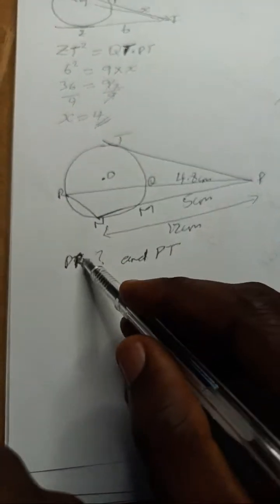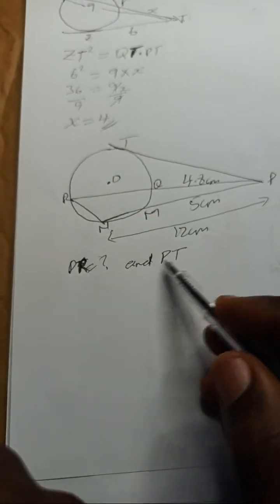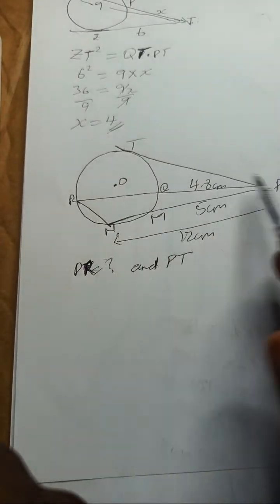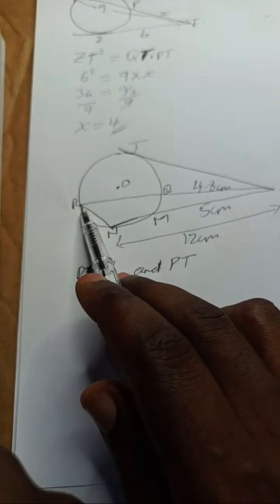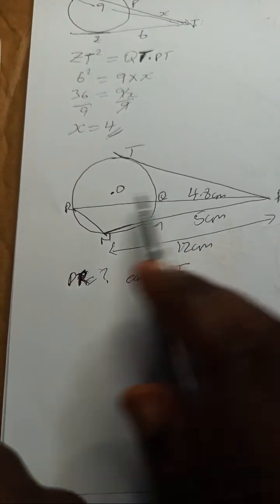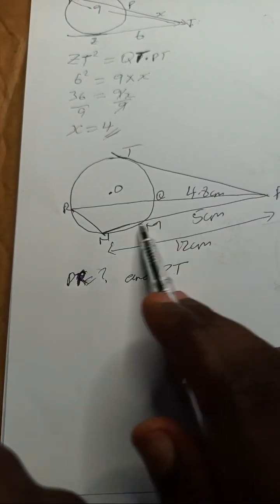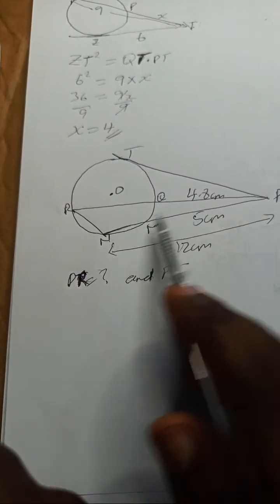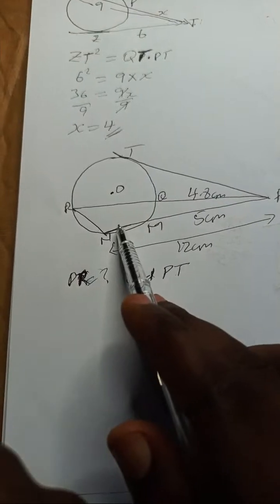So we have to find our PR and our PT. Let's find the first one, PR. This one is given in whole, so we are going to use this, and this is the secant.